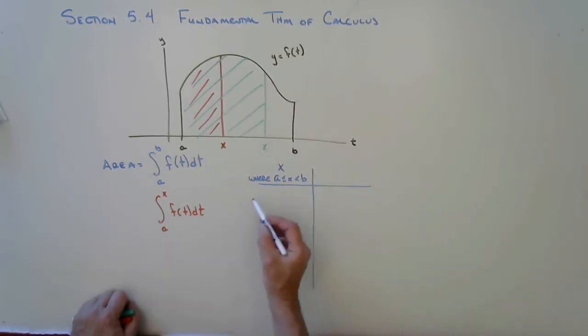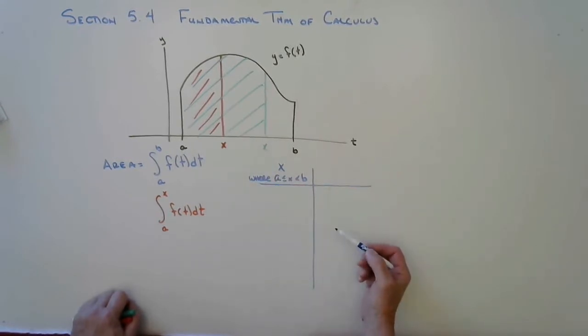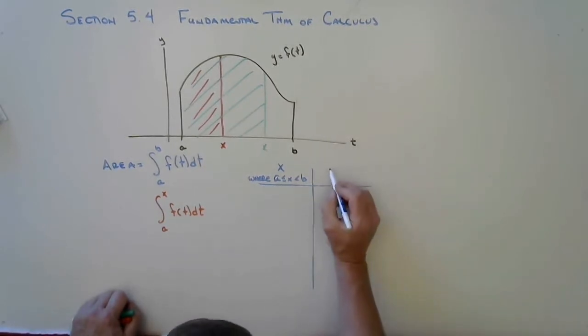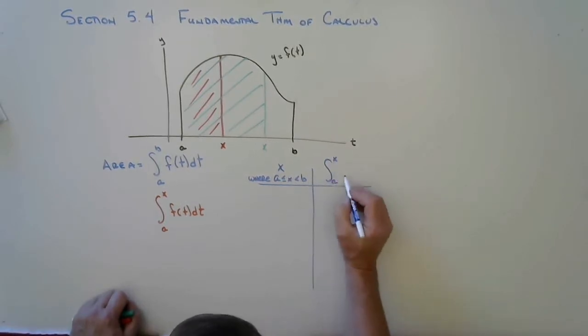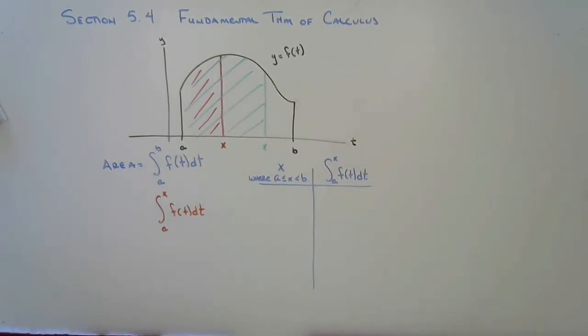So we're going to pick some x between a and b, just like we've done in the picture over here. What's our dependent variable then? Well, our dependent variable, our answer, is going to be the integral from a to x of f of t dt. This is going to be our function. This is going to be our domain here.